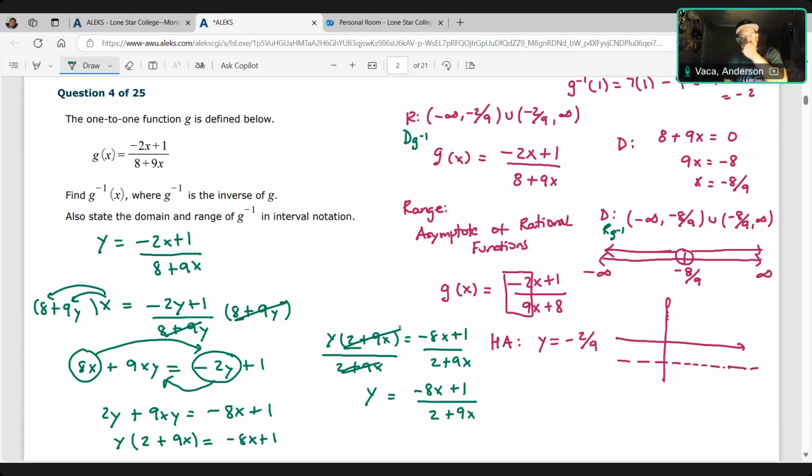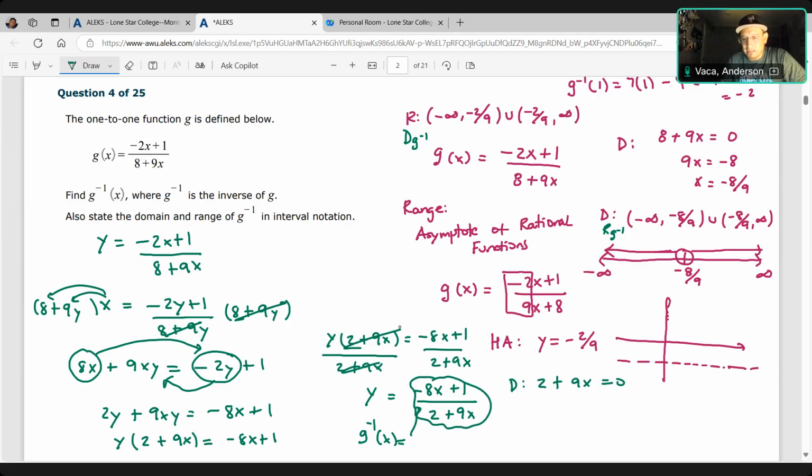Okay, so what's going on here now? Well, this will be the inverse. Notice that the domain of the inverse will be, well, you cannot have a denominator equal to 0.